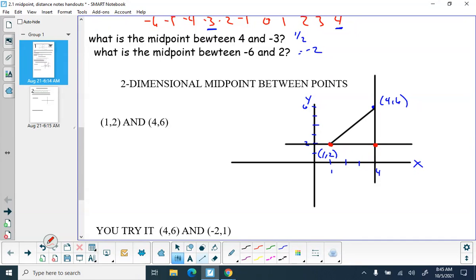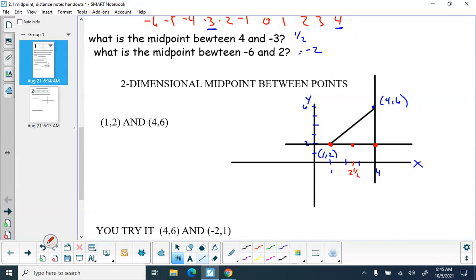What is the halfway point? What is the midpoint between the values of 1 and 4, Todd? 2.5. So at the value of 2.5, this is our midpoint.